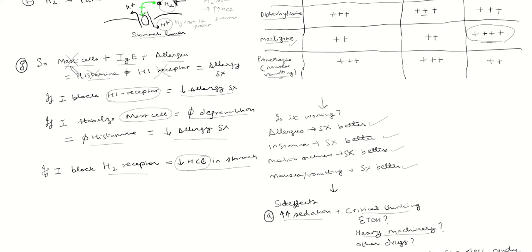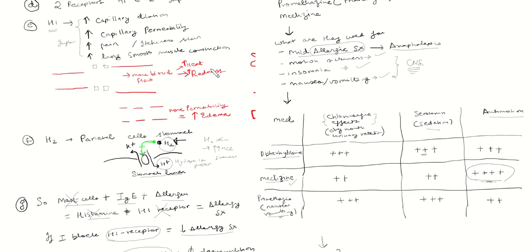Mast cell stabilizers. If I block H1 receptors, even if I get histamine, it's not going to be able to stimulate H1, so allergy symptoms are going to go down. If I block both, amazing, I synergize. And then again, H2 receptor blockers decrease the acid in the stomach.